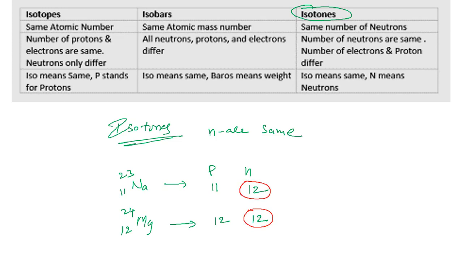Now you can see here the same number of neutrons, but atomic number is different. Yes, number of protons are different. So neutrons are the same, protons are different.